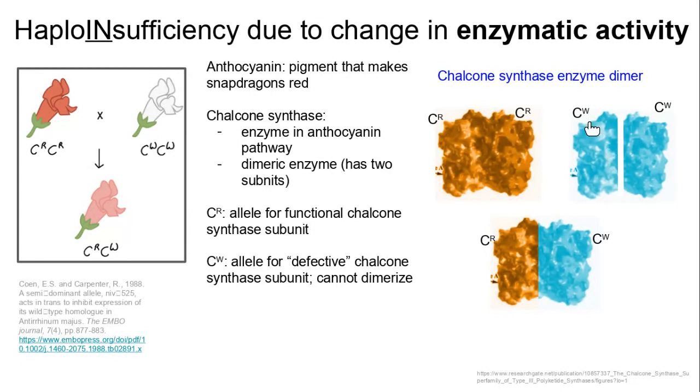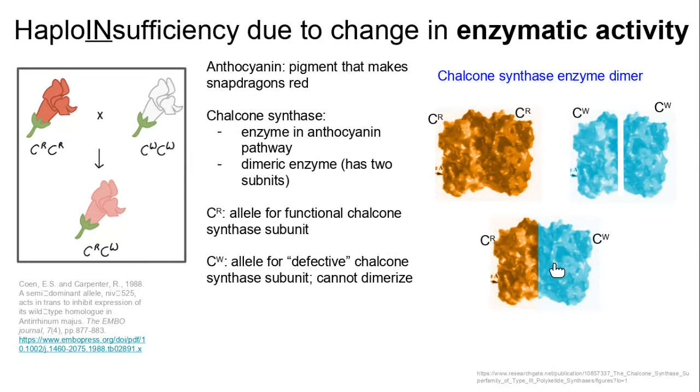And this one would be our non-functional enzyme, which I changed the color of just to make it different. This one has some mutation, maybe in the catalytic domain, maybe in the dimerizing region, maybe they don't come together, and that's how you don't get a functional enzyme. For whatever reason, this allele makes an enzyme that is not functional.